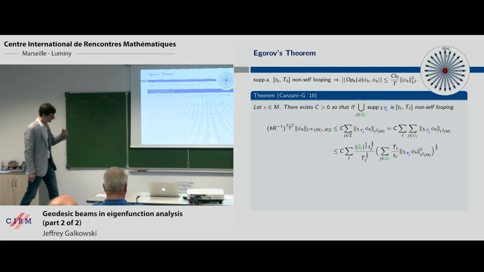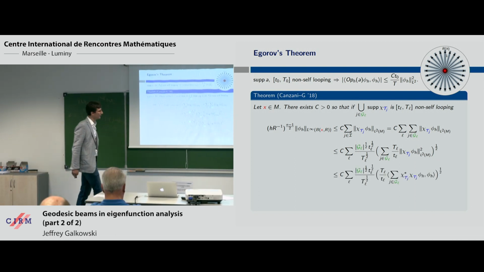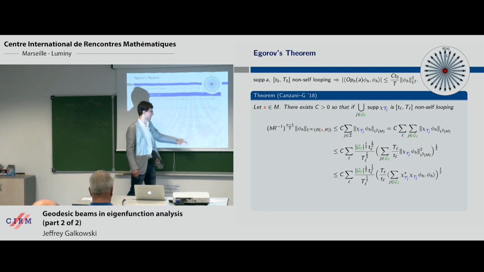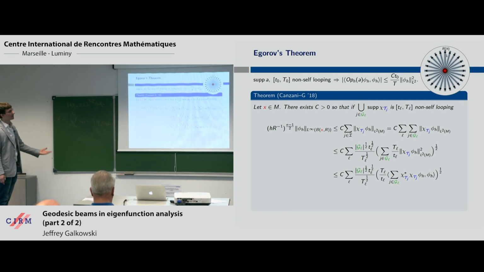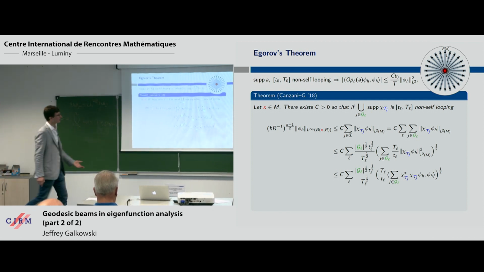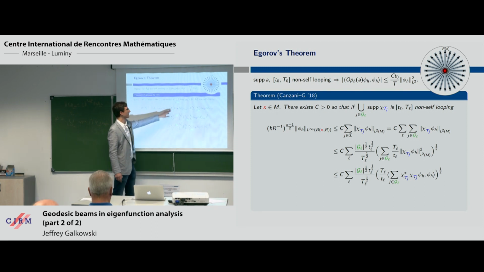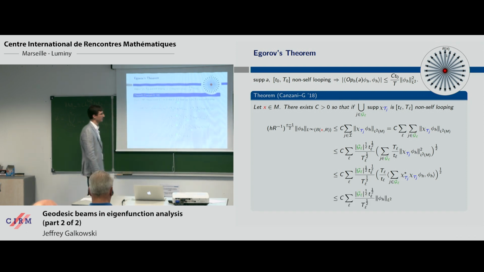Okay, and now I want to use this non-self looping assumption. So I rewrite this L2 norm as an energy on a certain set. And now I can apply Egorov's theorem, because this pseudo-differential operator here is living in a non-self looping set. So I can just apply this estimate directly to see that this is controlled by the L2 norm of phi.